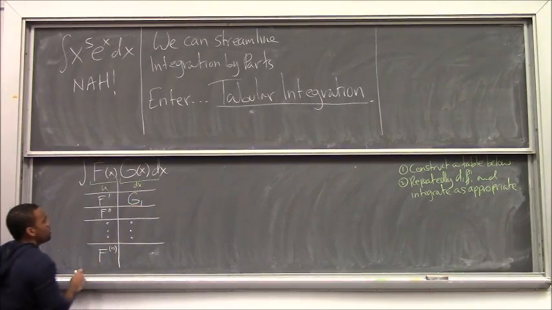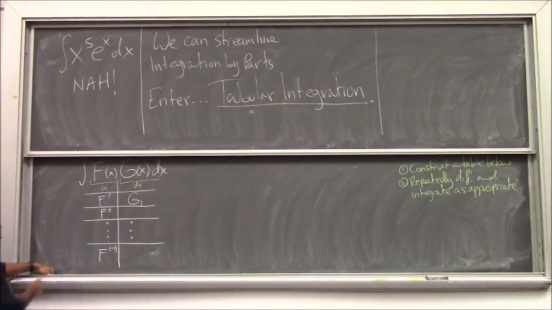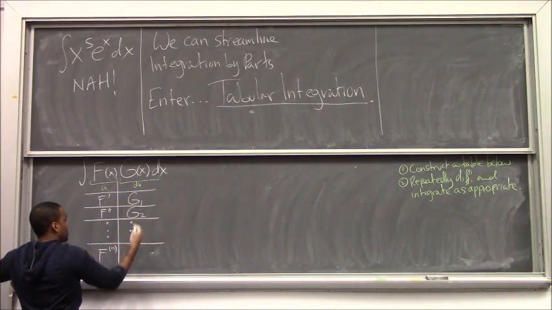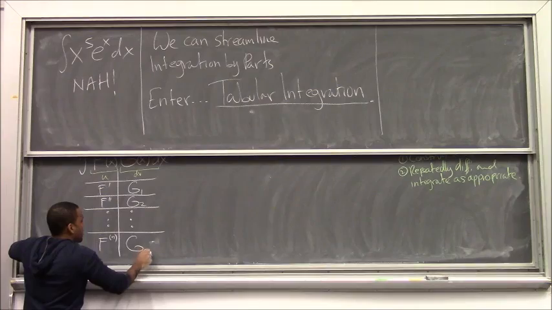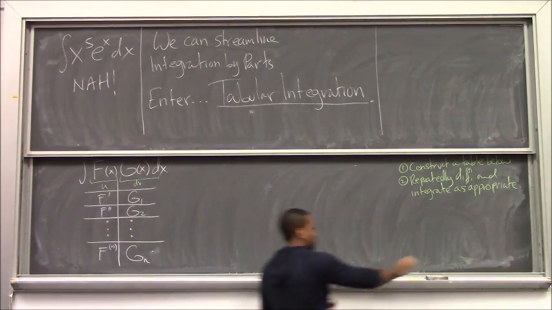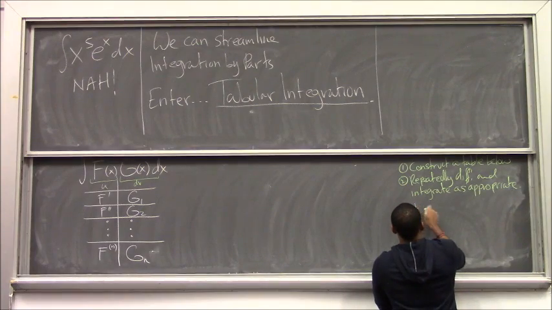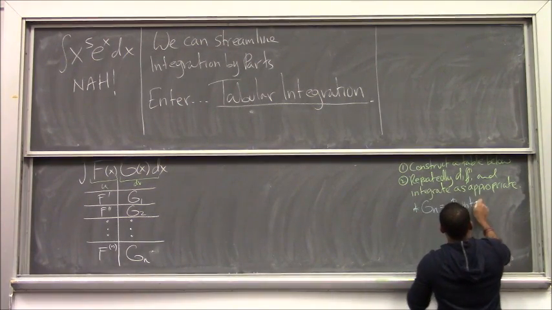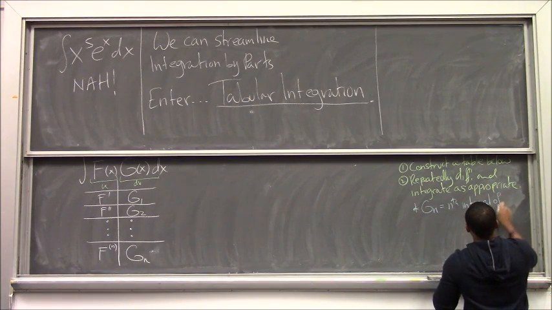I'm going to use subscripts to show integration. So g1, g2, the first integral, the second integral, all the way down to the nth integral. So gn equals the nth integral of g.